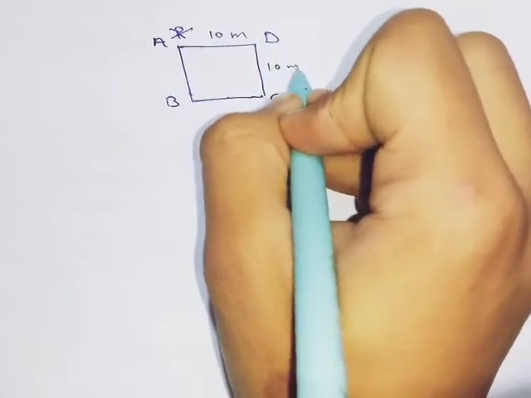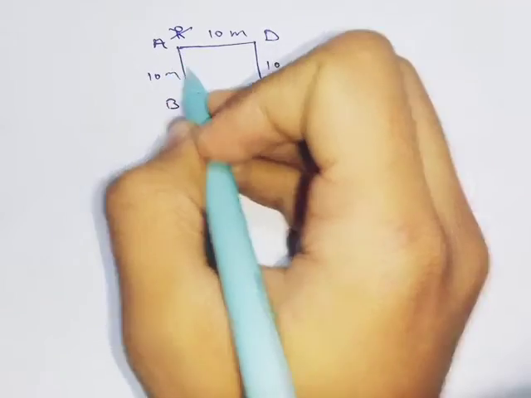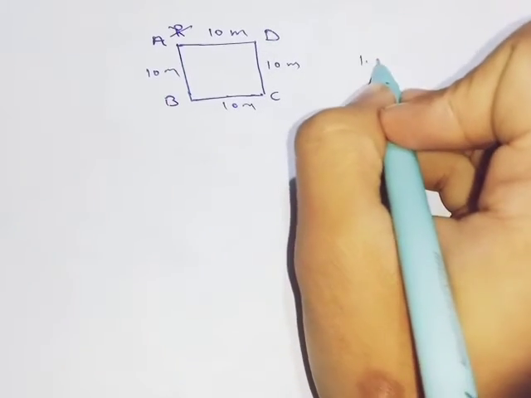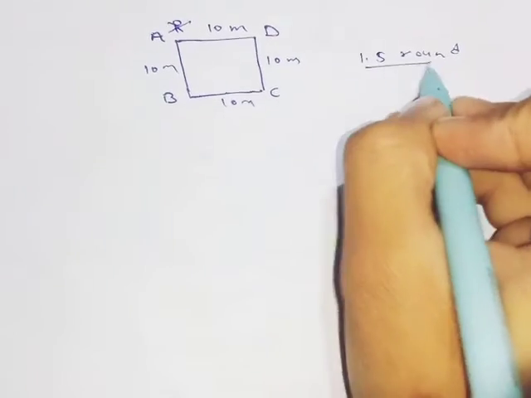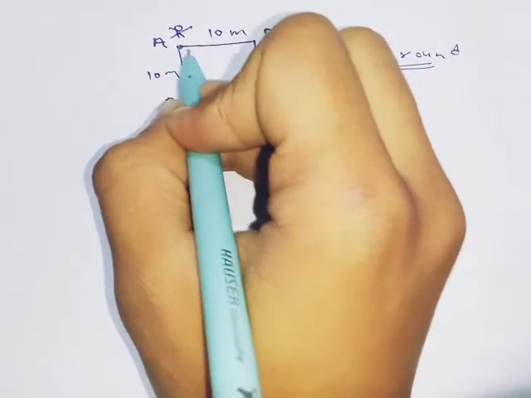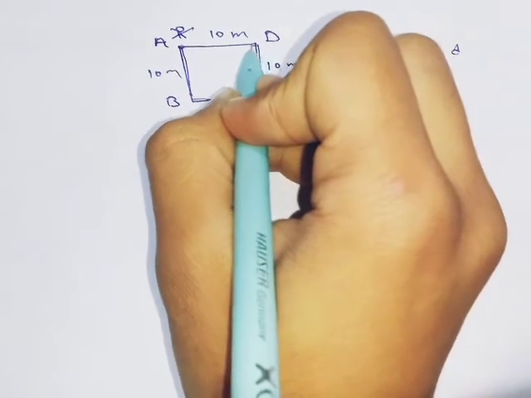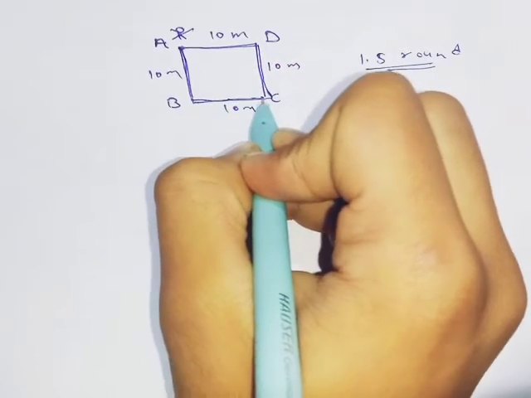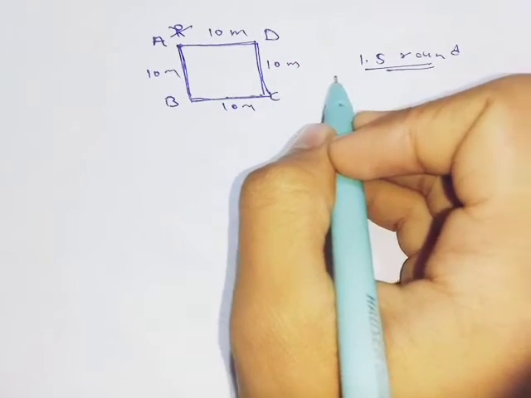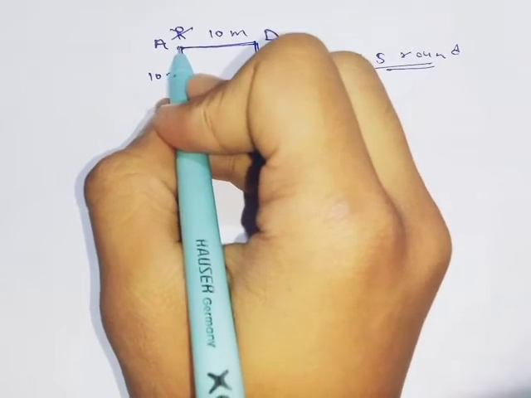Here 10 meter, here 10 meter, here also 10 meter. I have covered 1.5 rounds of this field. 1.5 rounds means, here I have covered 1 round. Again I covered half a round. This is 1.5 rounds. My initial position is at point A.